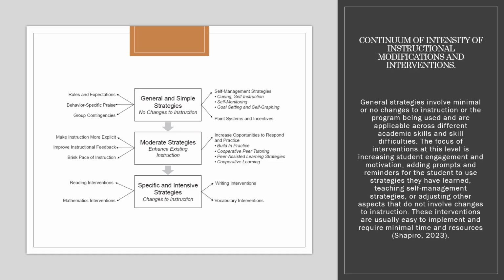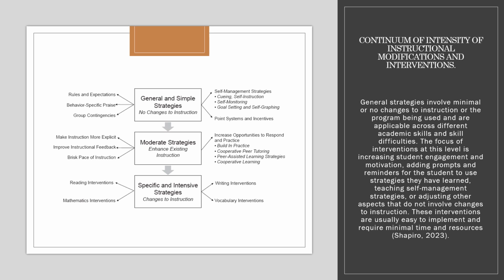On this slide, it shows the continuum of intensity of instructional modifications and interventions. And as you see, cueing is at the top under a general and simple strategy. General strategies involve minimal or no changes to instruction or the program being used and are applicable across different academic skills and skill difficulties.